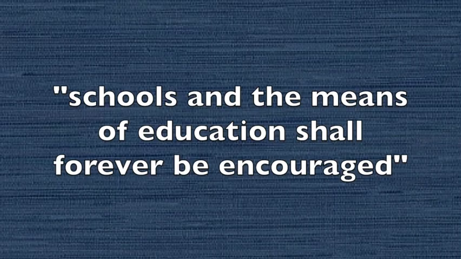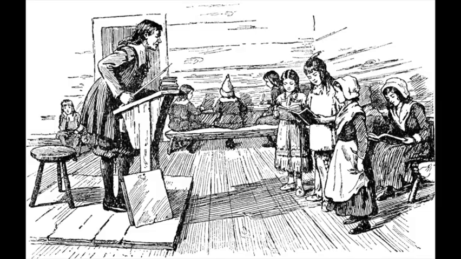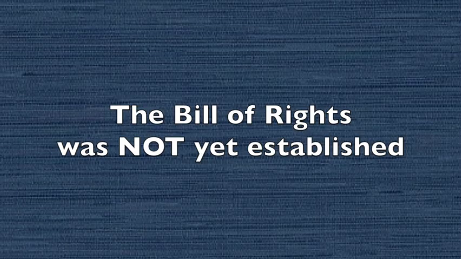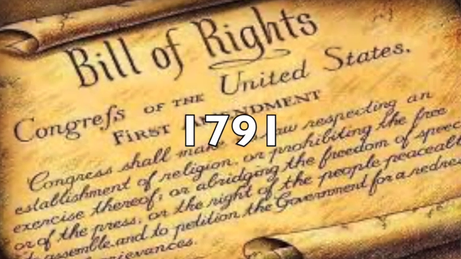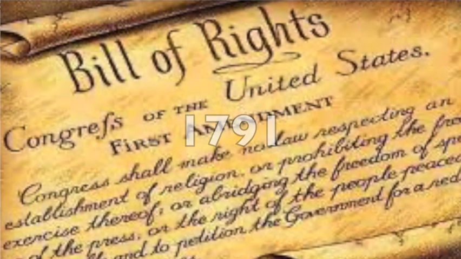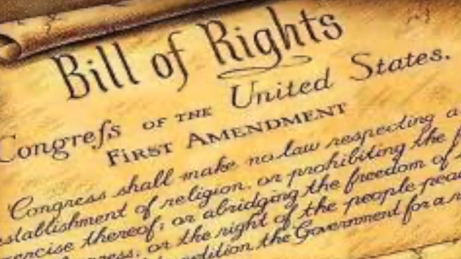The ordinance stated that schools and the means of education shall forever be encouraged, laying the groundwork for public education in these new territories. Also note that the Bill of Rights was not yet established. That would not happen until 1791. So these freedoms being in there were important.